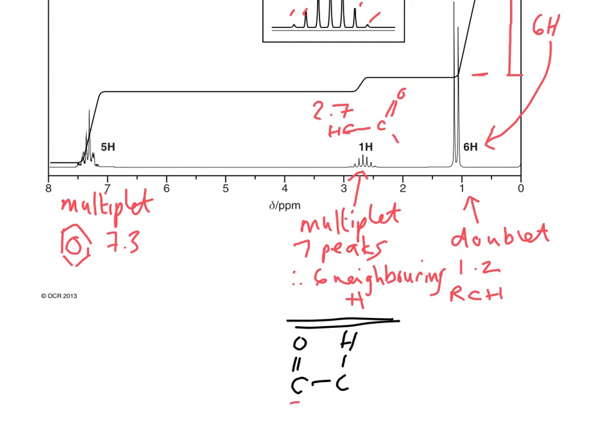There can't be, it's unlikely to be any hydrogens attached to that one, because we still need to find space for the benzene ring, but if we have 2 methyl groups here, that gives us 6 neighbouring hydrogens.